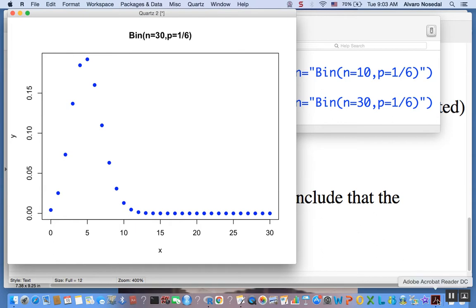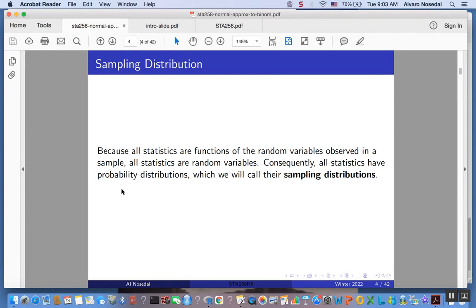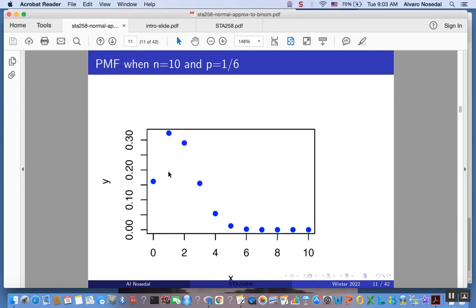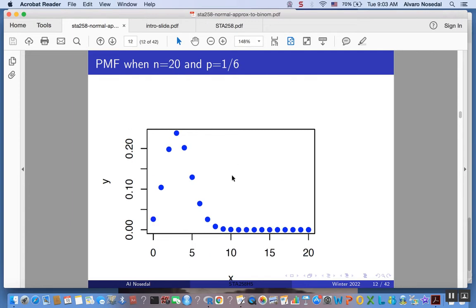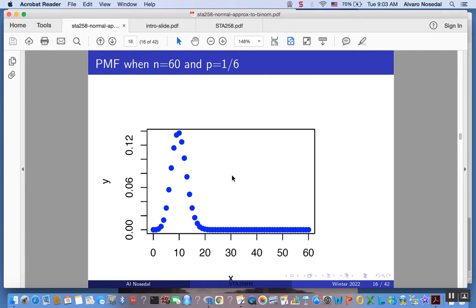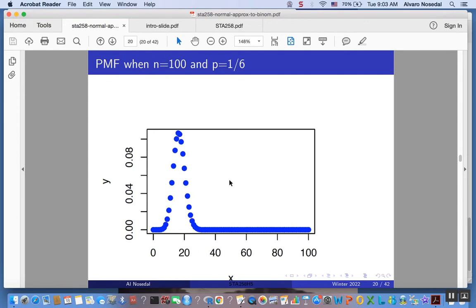So now let me show you a series of such graphs. That's the first one that we did together. So, probability mass function, binomial, n equals 10, p equals 1 over 6, then 20, 30, 40, 50, 60, 70, and so on. So I'm leaving p fixed and we are changing n.